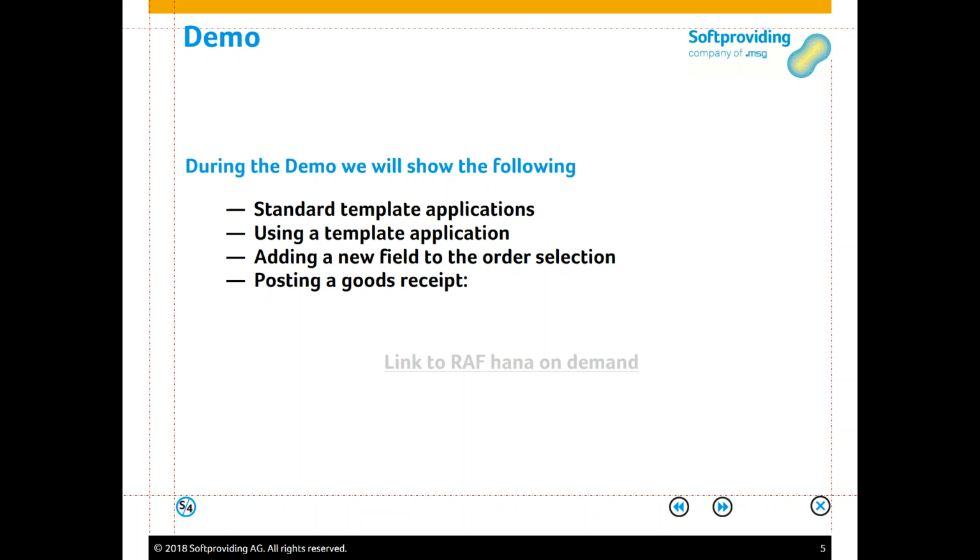Then we will see how to use this template application and how to change a field. Then we will add this field in the order selection of one of these applications. And at the end, I will show you how to post a goods receipt. So let's go directly and show the standard template applications we deliver in this tool.